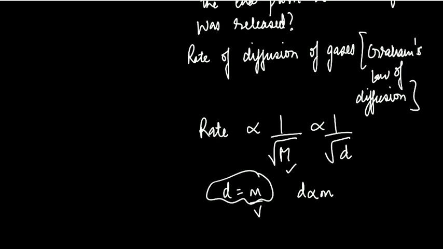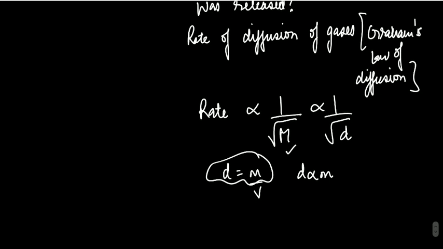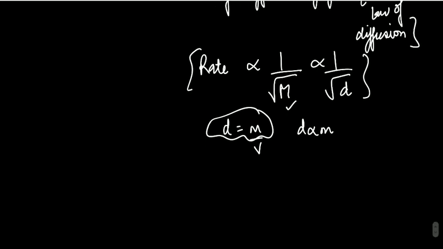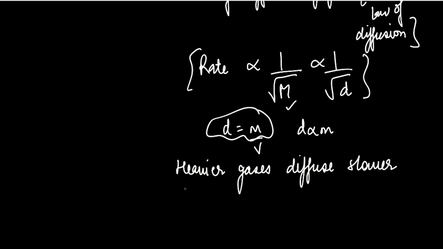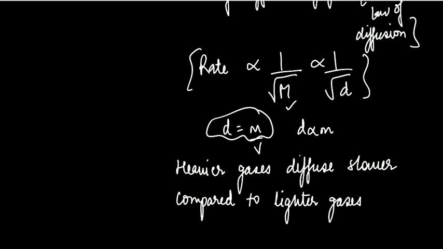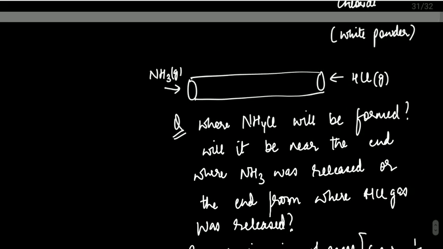Now if we know this, what is this particular relationship going to indicate? It indicates that heavier gases diffuse slower compared to lighter gases. So we have to go back to our basics which we discussed.